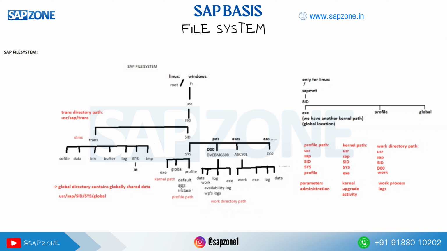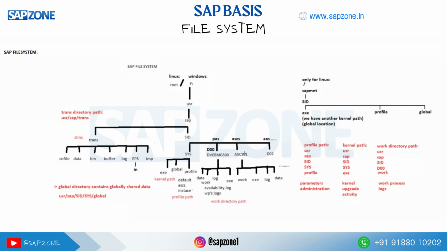When you have the work process, see, the primary application server in new systems has the directory name D00. Once upon a time, it was DVEBMGS. But now, just D00. ASCS is followed by its instance number. Instance, you know, right?